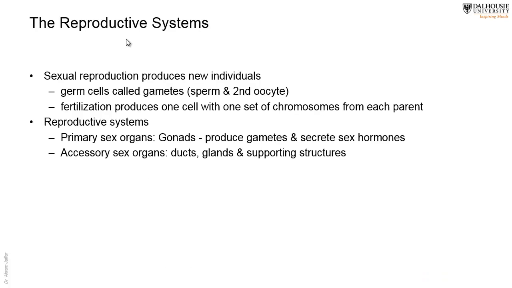So regarding the reproductive systems in general, they allow sexual reproduction, and this produces new individuals. There are germ cells called gametes, which are either the sperm or the secondary oocyte, and each one of them has what we call the haploid number of chromosomes.